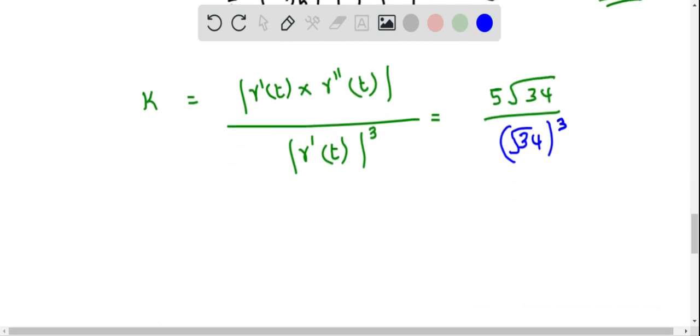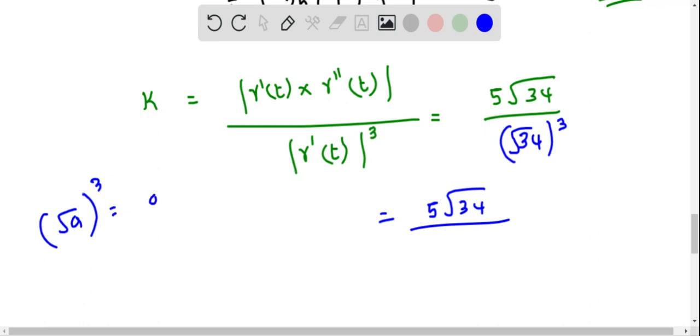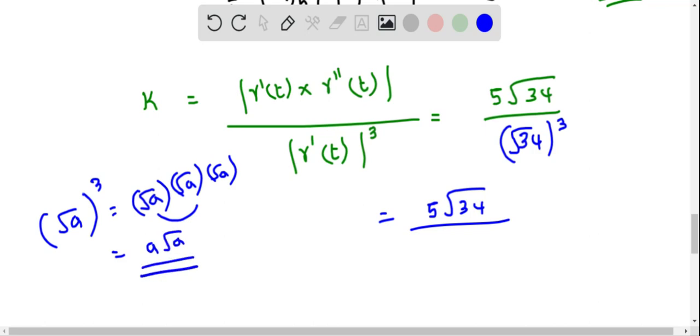Now let's simplify this. We have 5 times root 34 in the numerator, divided by a cubed square root. Let's suppose we have root a and we have to cube it. We multiply root a by itself 3 times: root a times root a times root a. Root a times root a is a, and then we have one more root a, so it's a times root a.